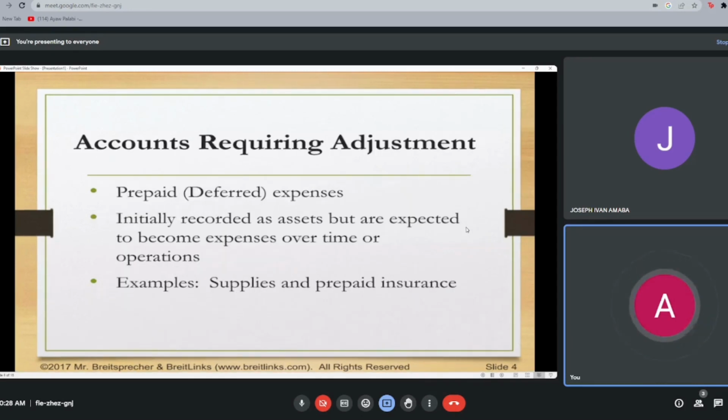Accounts requiring adjustment. Prepaid or deferred expenses are initially recorded as assets but are expected to become expenses over time or through operations. For example, supplies and prepaid insurance.